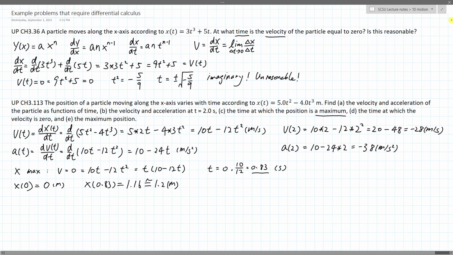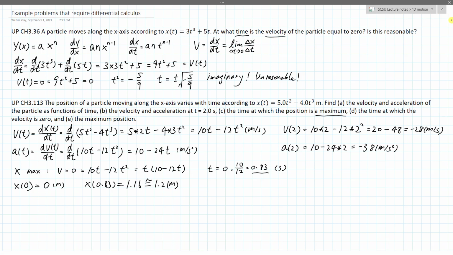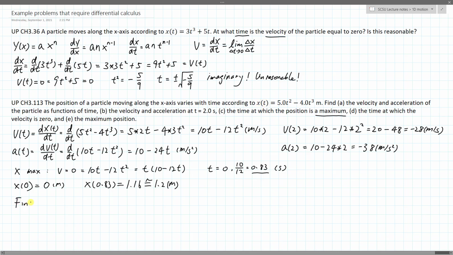But if you know a little more about differential calculus, you can actually use just the math concept to say that, in order for us to determine the maximum value of a function, let's just say f of x, here's what we did.